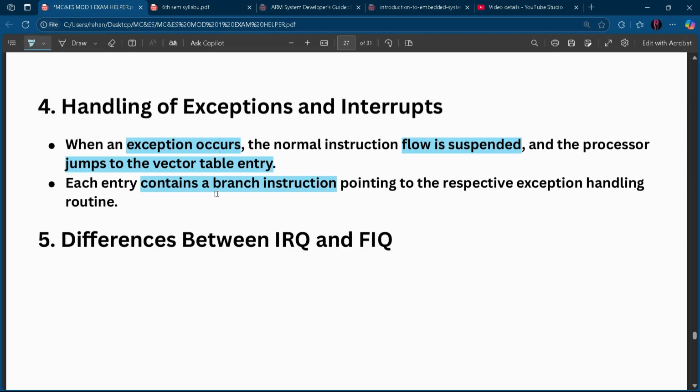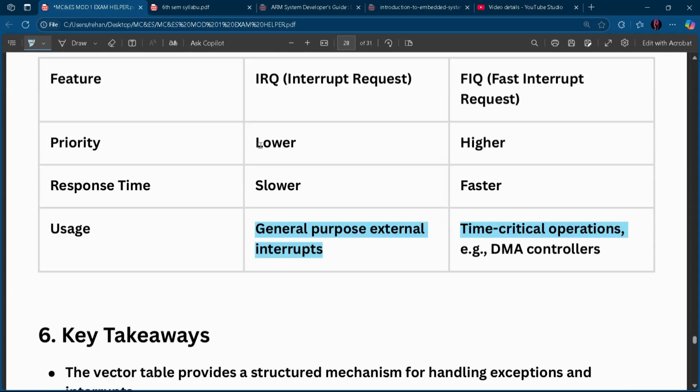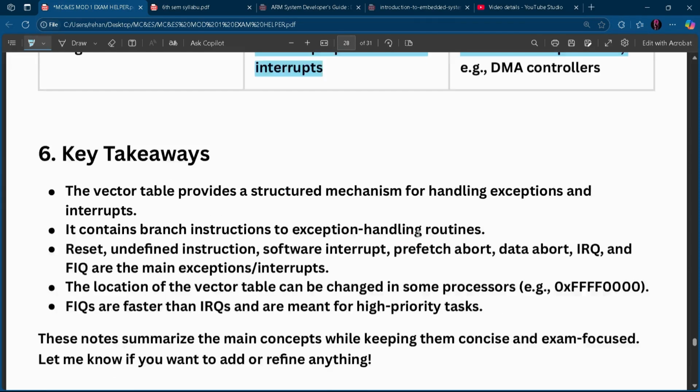Each entry contains a branch instruction pointing to the respective exception handling routine. Here you have the difference between IRQ and FIQ. Priority: IRQ low, FIQ high. Response time: slower, faster. Usage: IRQ is for general purpose external interrupts, while FIQ is for time critical operations like DMA controllers.